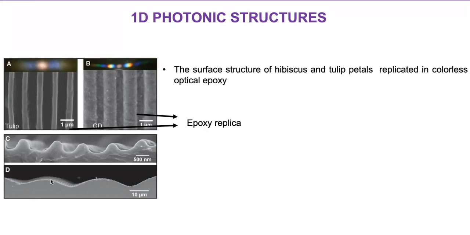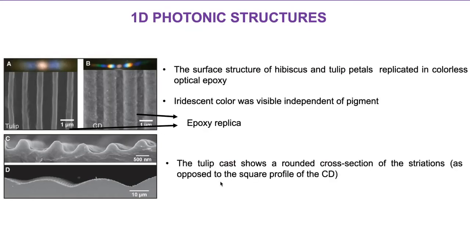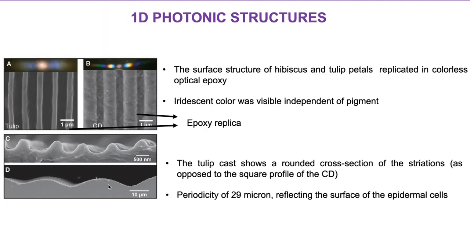And this gives an iridescent color. Quite differently, it is not following exactly the same as, for example, a compact disc. In that case, we could see the color that we observe in a compact disc, but slightly differently because it is a rounded structure, not a square or well-defined pattern. In a CD, these are highly fabricated, but this is fabricated in nature using a different phenomenon.